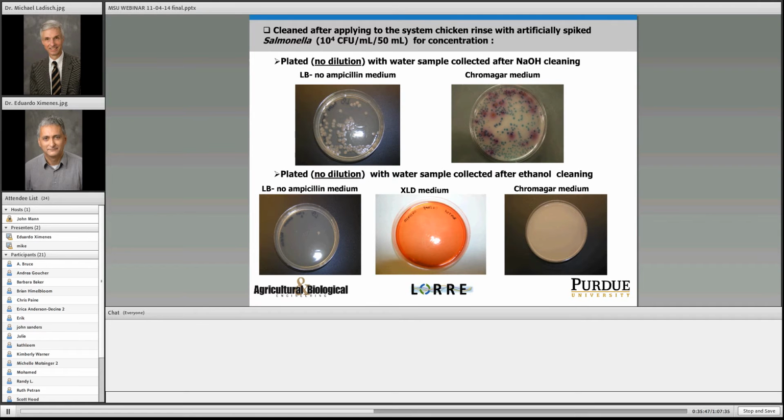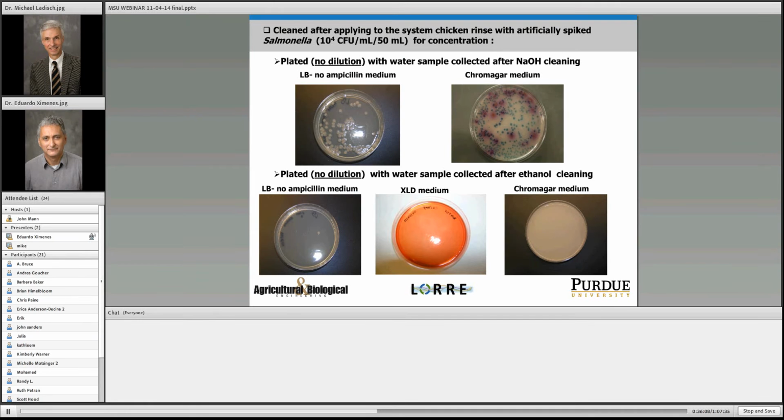First we pass sodium hydroxide through the system. But you can see in the first two pictures that sodium hydroxide cleaning is not enough to kill the cells.